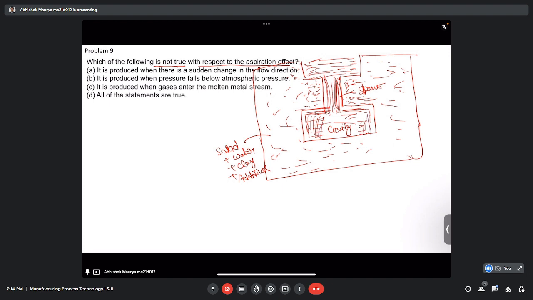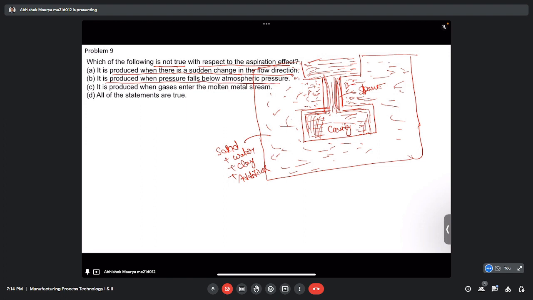So let's try to see all the options one by one, and I will explain why it is happening. The first option is, it is produced when there is a sudden change in flow direction. And the second is, it is produced when pressure falls below atmospheric pressure.